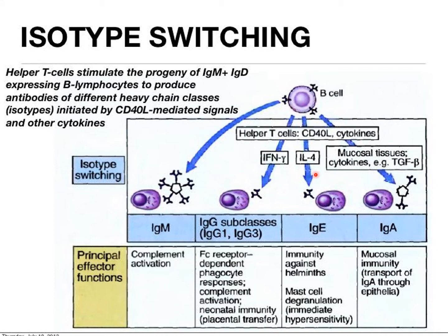In the presence of IL-4, IgE is produced, and in the presence of cytokines in the mucosal tissue like transforming growth factor beta, IgA is produced. All of these antibodies have the same Fab region but different heavy chains, thus their principal effector function changes.